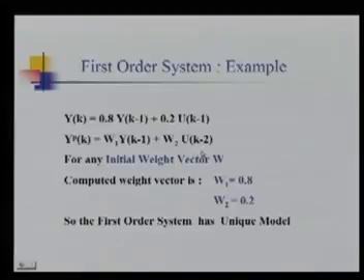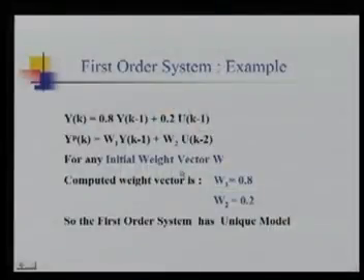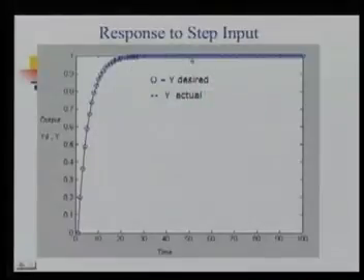In the beginning, I take these initial weights to be random, very small values between 0 and 0.1, and then if you use the gradient descent rule, you finally reach W1 equal to 0.8, W2 equal to 0.2. You can see that W1 0.8 matches here 0.8, W2 0.2 matches here 0.2. So, you have exactly identified the system. Now, obviously, the response of your actual system and the neural network is the same.